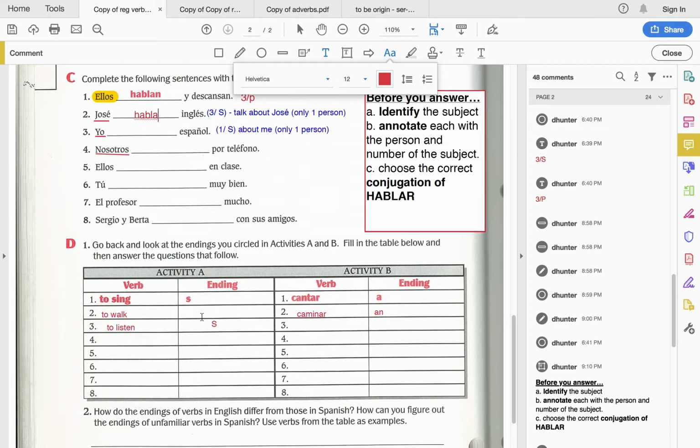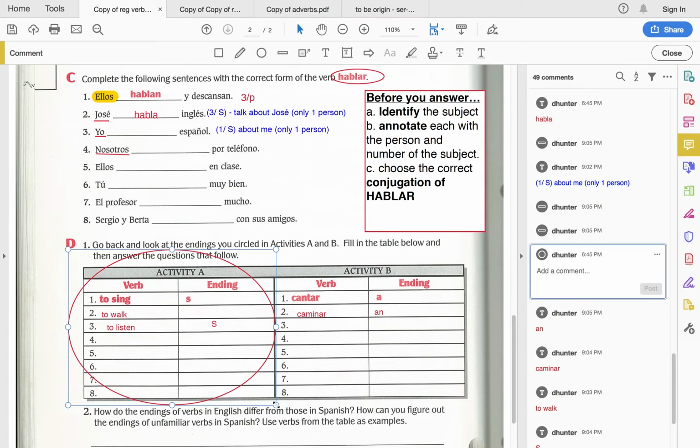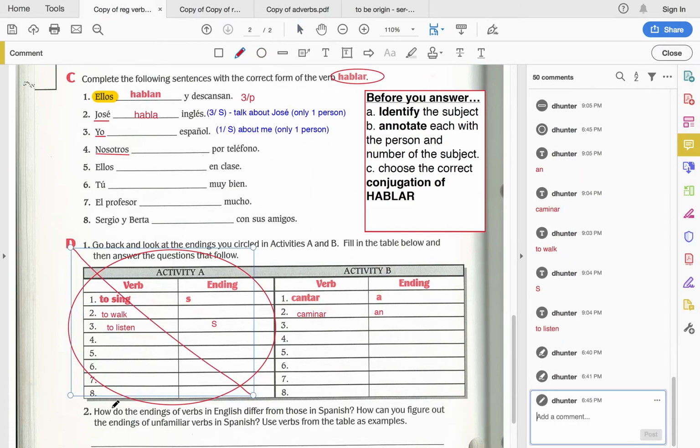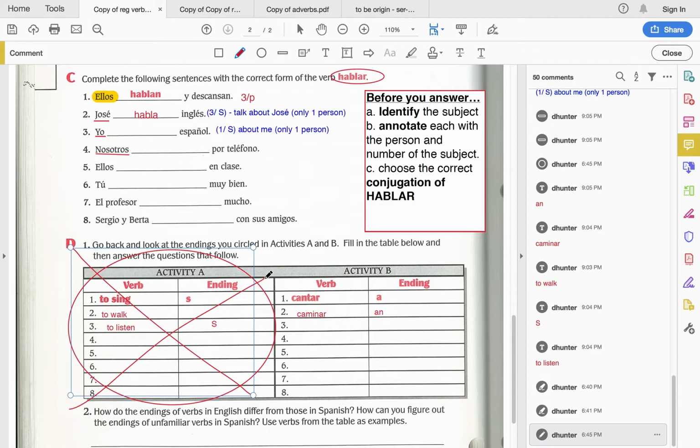If there was any part of this that was confusing for part D, what I want you to focus on is this part B activity. Again, if this section of the activity kind of doesn't make sense to you, I will give you a pass on that. I am not as interested in your ability to identify English verb endings. So again, I would not do this if this seems slightly or remotely confusing.